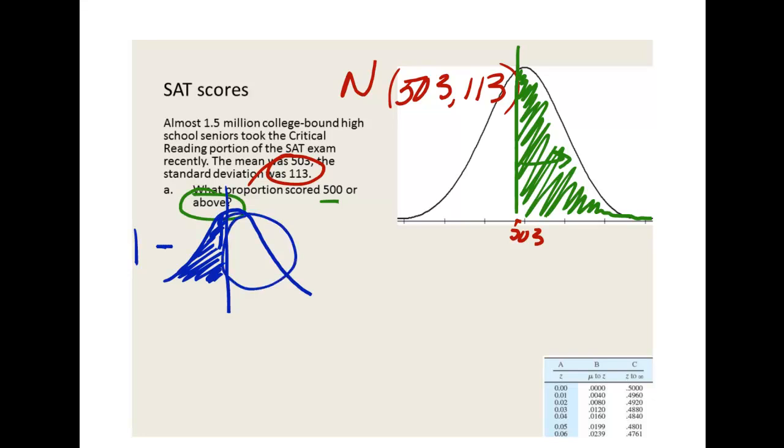So we're going to find a z-score for our value of interest, 500. Then we're going to use column C, which is actually to the left, and take that chunk out of the entire normal curve by taking 1 minus that proportion to get the green shaded region instead.